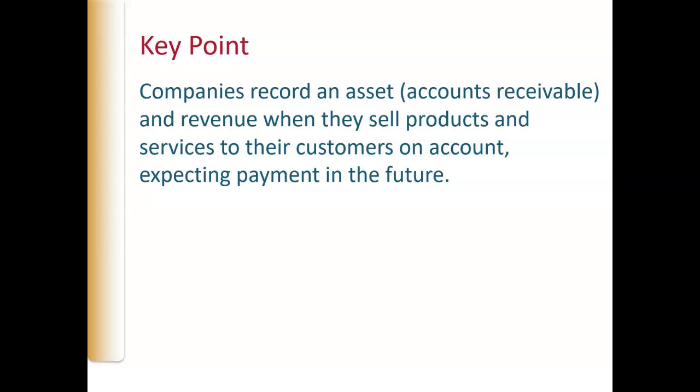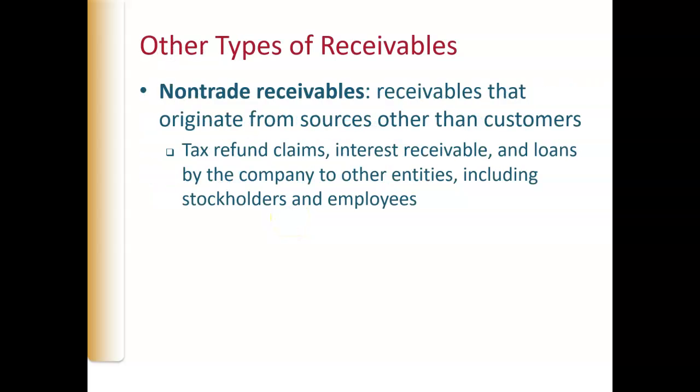Companies record an asset, which is the accounts receivable, and a revenue when they sell the products or services to their customers on account, with the hopes of getting paid in the future. Non-trade receivables are those that are one-time types of events. Receivables that originate from sources other than customers.